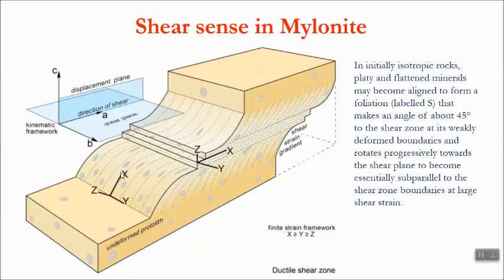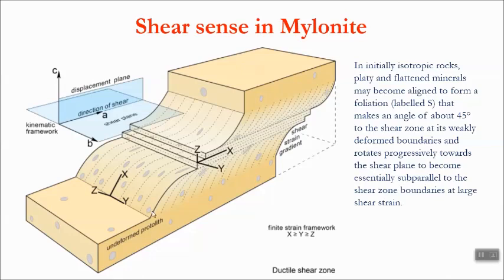So displacement has occurred only in the xz plane. This particular plane is lying in the xz plane, and y is perpendicular to this plane. So in order to find the shear, we have to consider this lineation and take a section along it. Then only can we identify the shear.